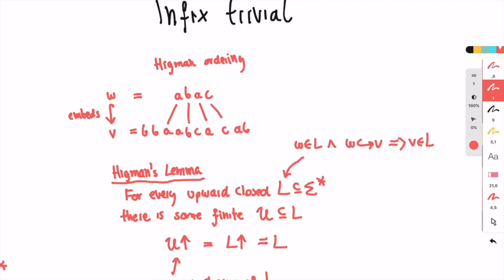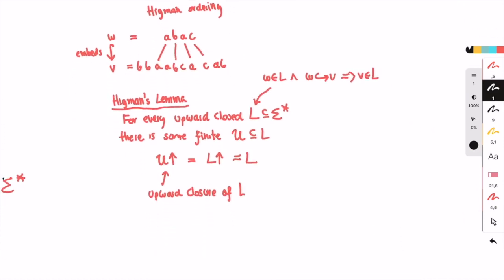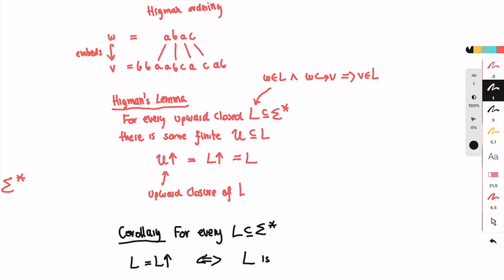But before we do that, let's observe the following corollary of Higman's lemma. For every language, it doesn't even have to be regular, well, it will turn out to be regular, L is upward closed if and only if L is definable in what I would call exists-star first order logic.